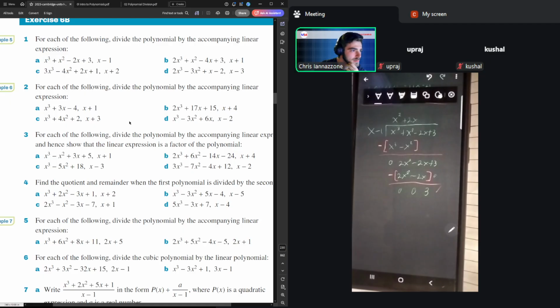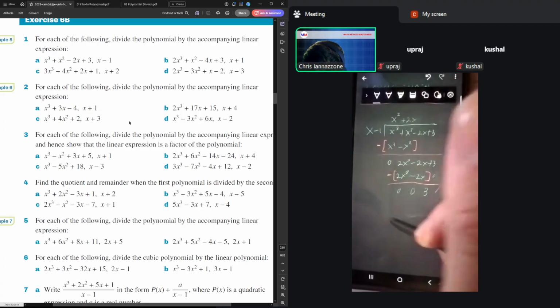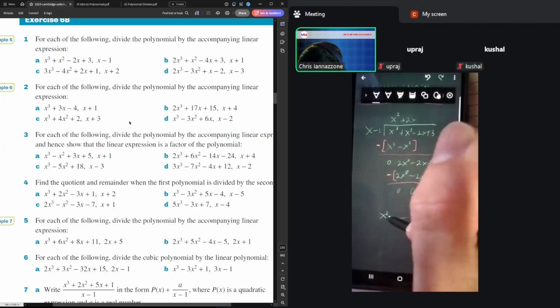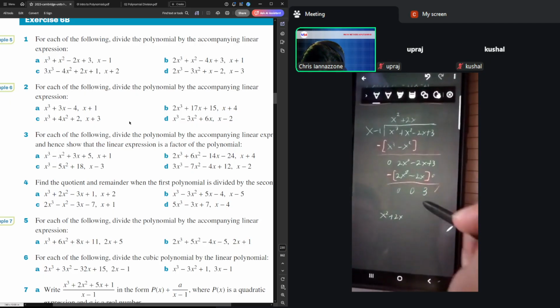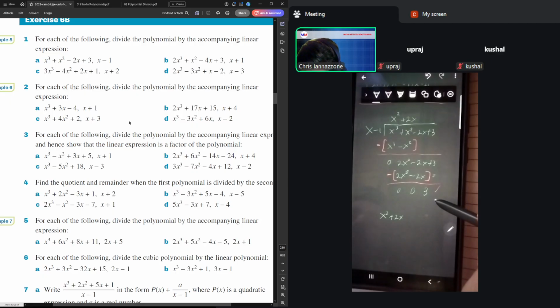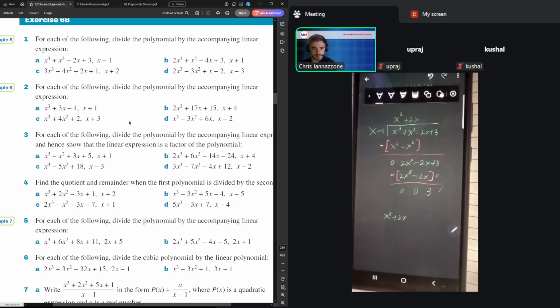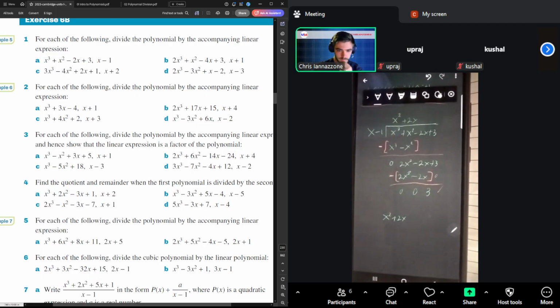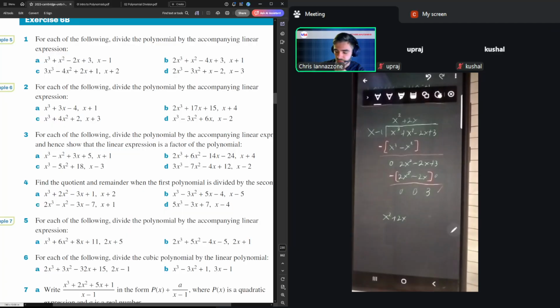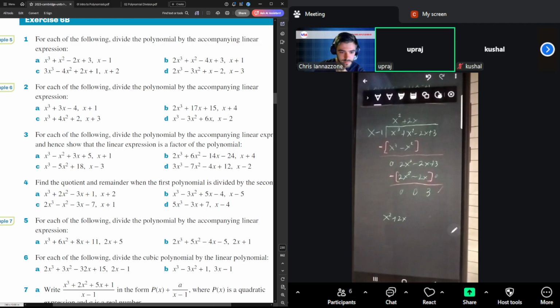What I would expect they're asking you to do is take the quotient, the bit on the top, x squared plus 2x, and then express the remainder afterwards. Can anyone tell me how I express the remainder afterwards? There is a bit of a nuance around how you do it. You don't just write 3. There's something else that comes along. Plus 3 over x minus 1.